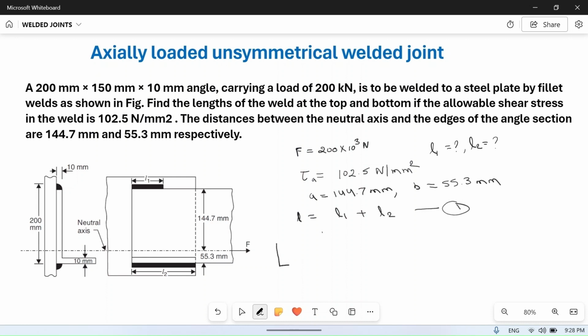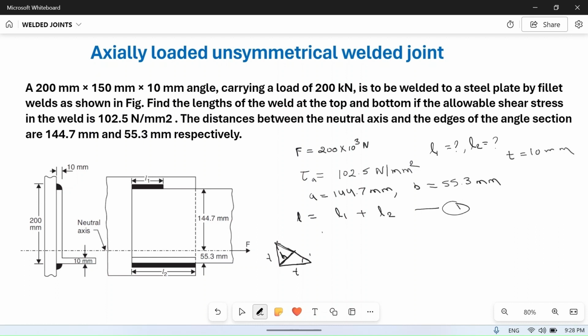So what will be the formula? So see, if this is a weld, then this is a throat, or you can call it H, throat is H, and this is T, the thickness of the plate, and it is also the leg of the weld. Okay, so it will be equal to 10 mm because thickness of the plate is 10 mm, so T is 10 mm. So what will be the H?